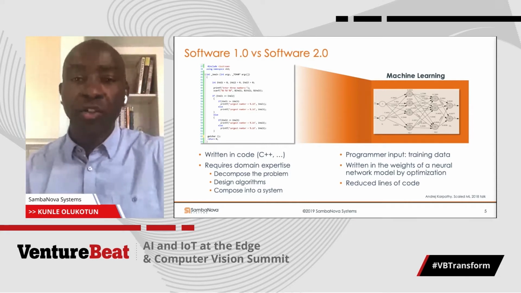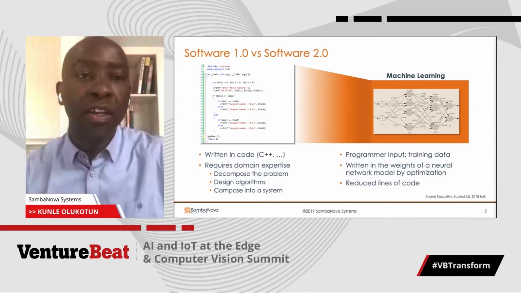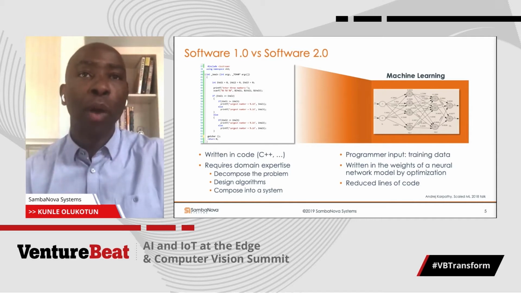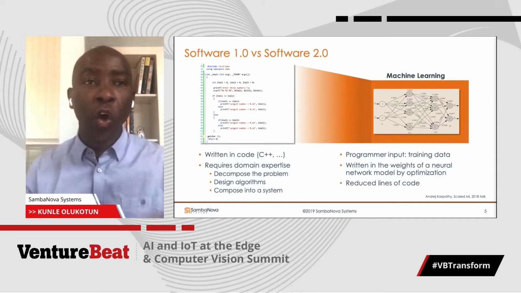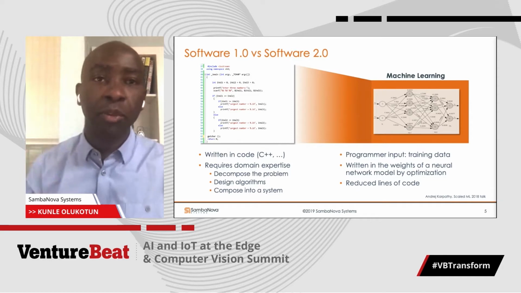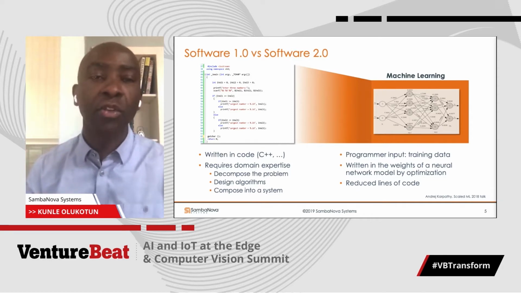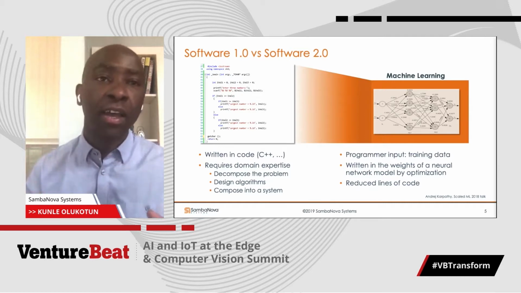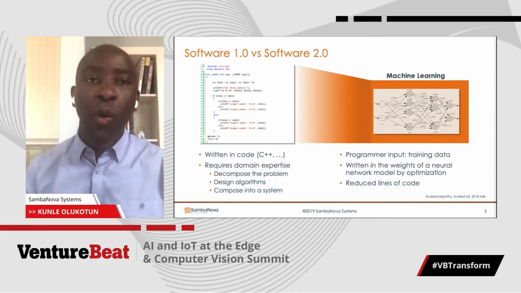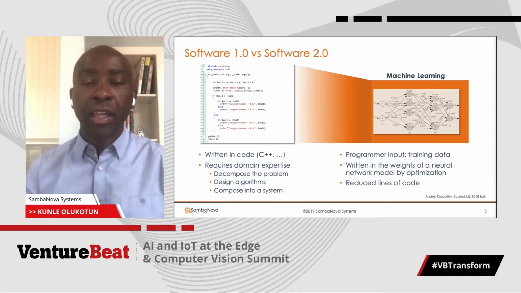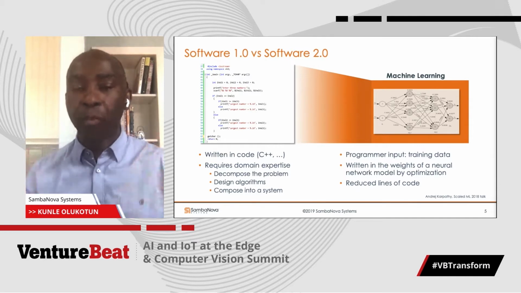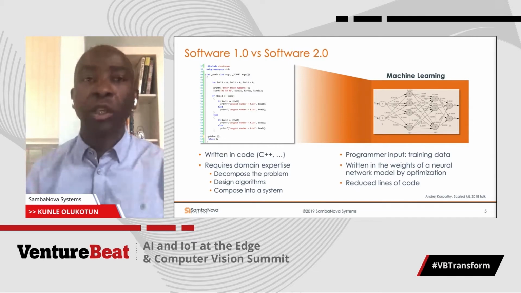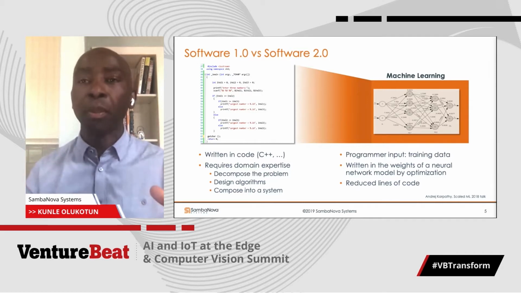If you think about traditional ways of developing software, often called software 1.0, the code is written using some sort of high-level language like C++ or Java, and the process of developing the software is to start with a problem, decompose the problem into a set of components, devise algorithms for those components, and then build the components back into a system.